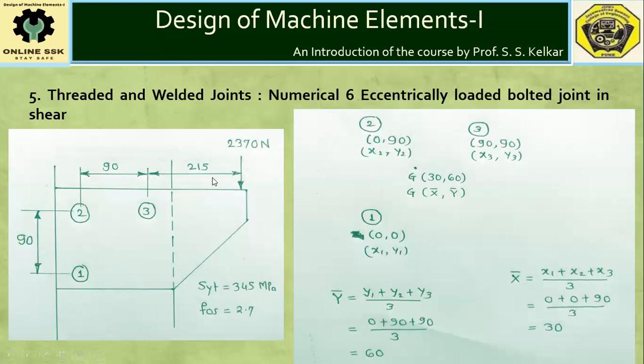This 60 plus 215. So total eccentricity will be 215 plus 60, which is equal to 275 millimeters.